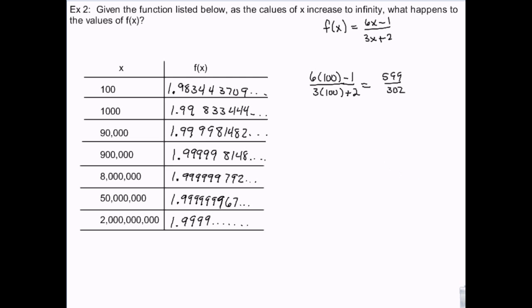So what happens is this one has a limit. And so what we say is as x approaches infinity, that's the symbol for infinity, the function f of x gets closer to 2.